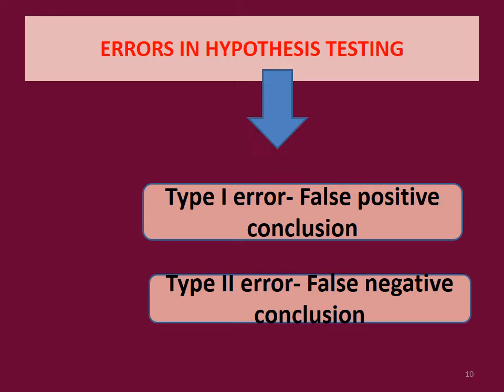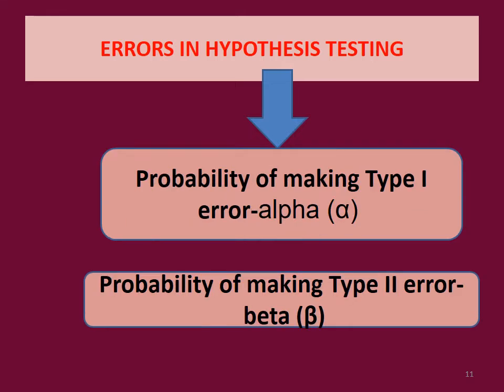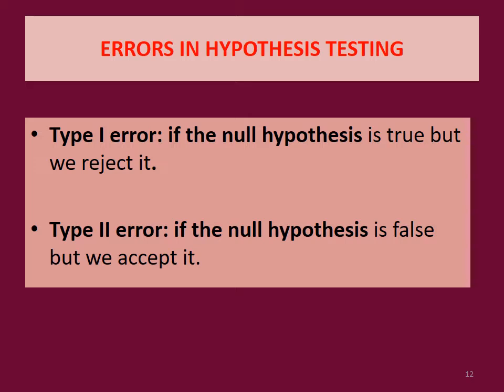And type 2 error is called a false negative conclusion. What are these errors?